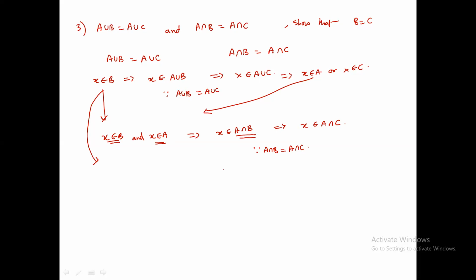So we can say X belongs to A and X belongs to C. What we got here is X belongs to B, and here we are getting X belongs to C. That means for all X belonging to B, X belongs to C. So the set B will be equal to set C. This is how you have to prove.